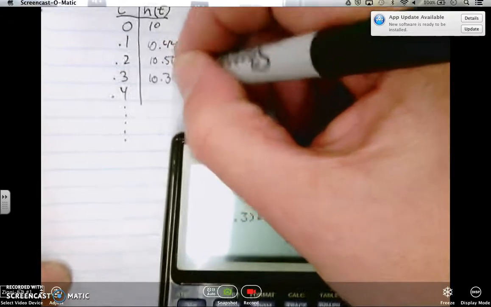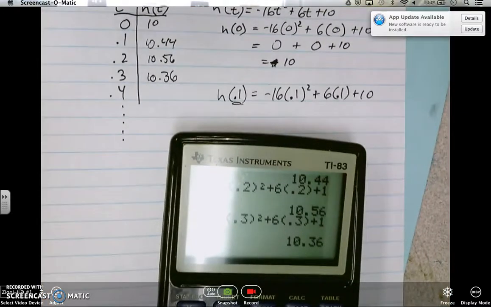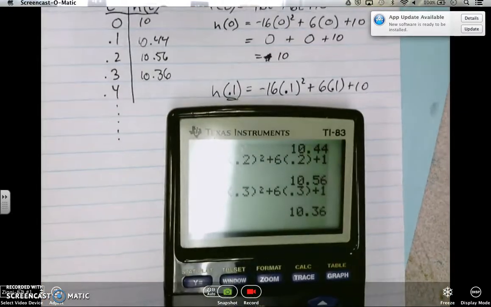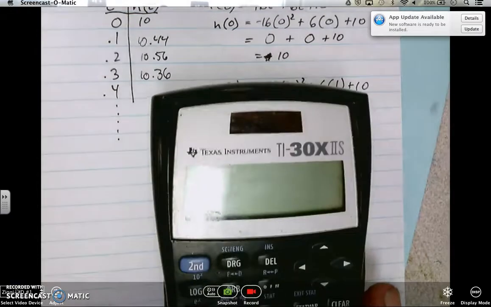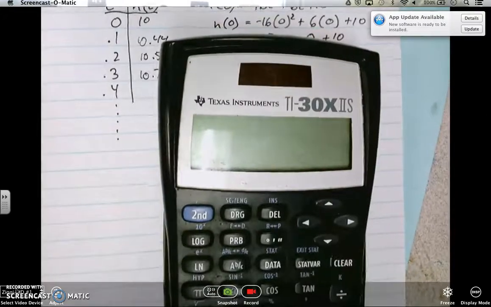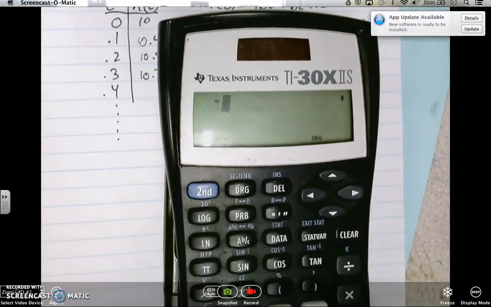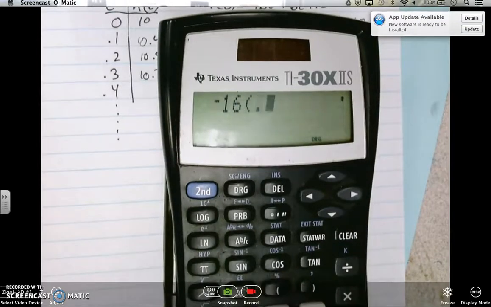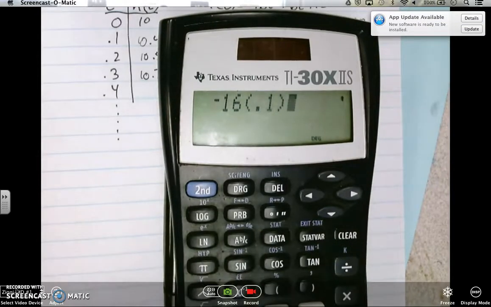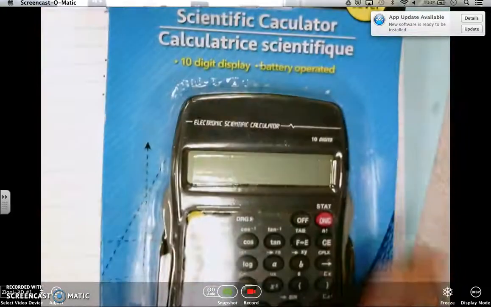And if we do that, we should be able to analyze this. One thing to quickly mention here, these calculators will do the same thing. They have the display, so you type negative 16 parentheses 0.1 parentheses and so on, and you can see it all up there. That's pretty nice to have. You can also get one of these calculators from Dollar Tree.